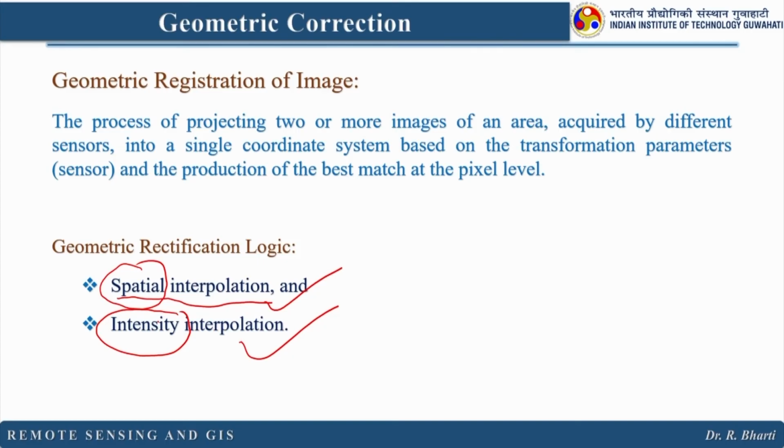How you are going to extract the real value of the object from the old image to the new one, the new one being your corrected image. How you are going to assign these values.